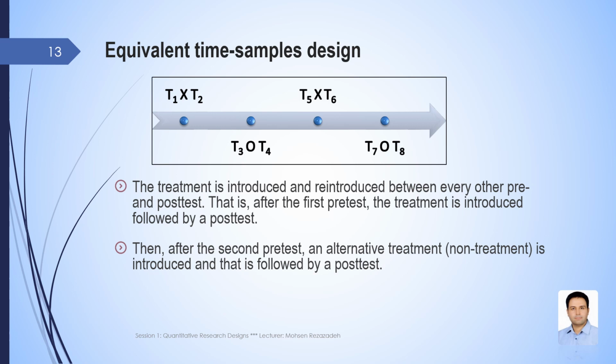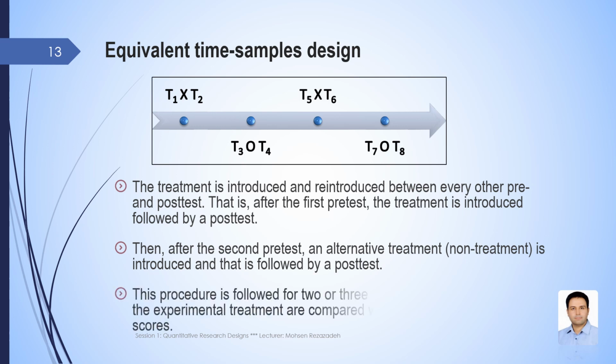And again, the second pretest followed by treatment, and afterwards we have the second post-test, and this goes on and on to, for example, T7 and T8, as you can see at the end of the continuum in the diagram.